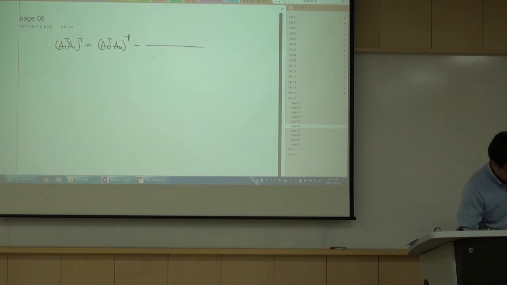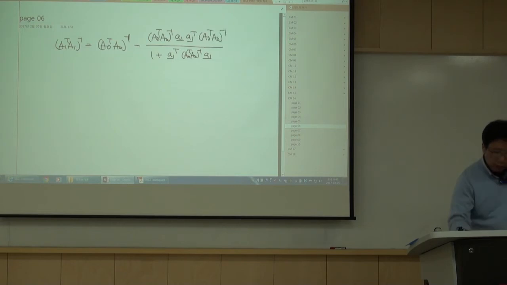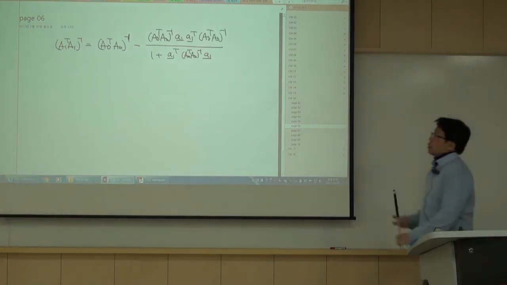Yeah, here: 1 plus A1 transpose (A0 transpose A0) inverse A1, and (A0 transpose A0) inverse A1 A1 transpose (A0 transpose A0) inverse. So this is the result.